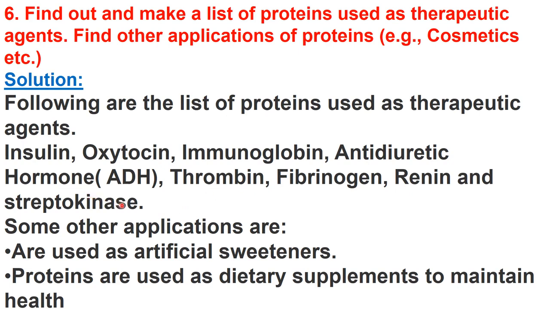All these are therapeutic agents, used as medicine, you can say. Then some other applications of proteins, because here we need to find other applications. Proteins are used as artificial sweeteners. Proteins are used as dietary supplements to maintain health.